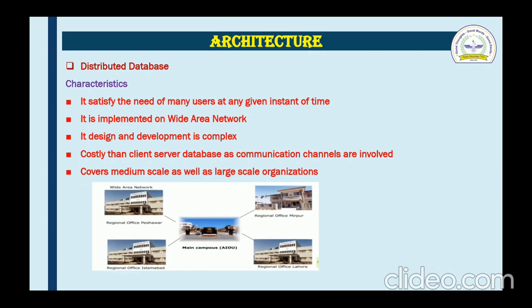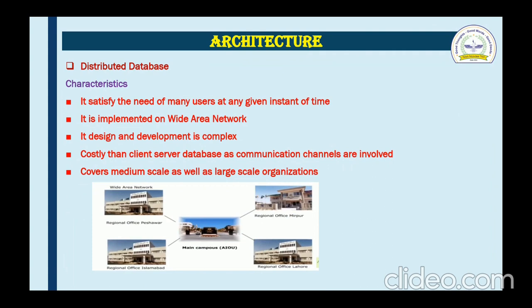Distributed database. This type of database is developed on a wide area network and is suitable for those organizations which are operational in widely spread geographical locations. Let us now discuss some important characteristics of distributed database. These are: number 1, it satisfies the need of many users at any given instant of time.